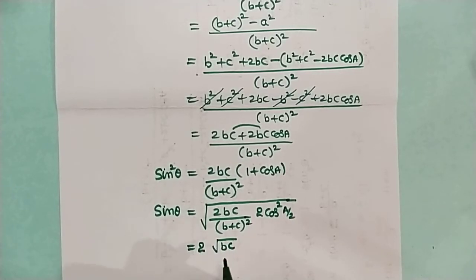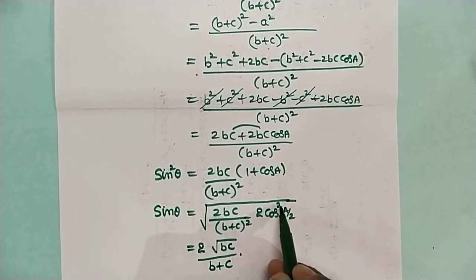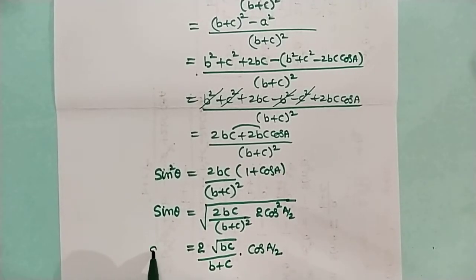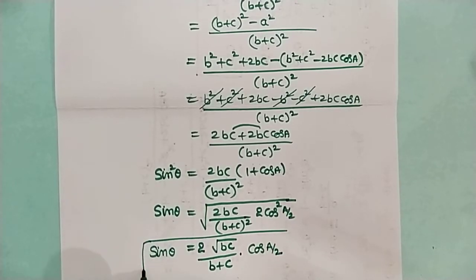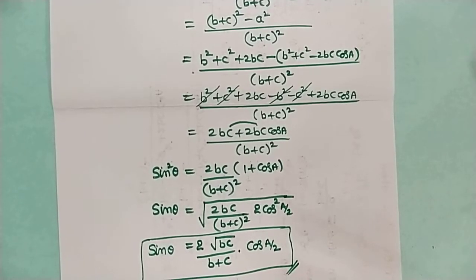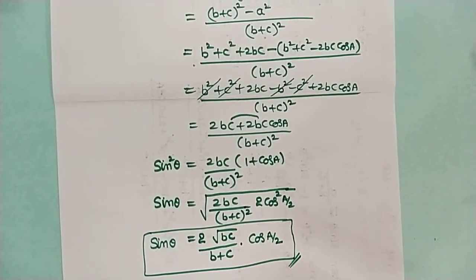Here the square root cancels, we get b plus c, and here also square and root cancel, giving cos A by 2. Therefore sin theta equals 2 root bc divided by (b plus c) into cos A by 2.